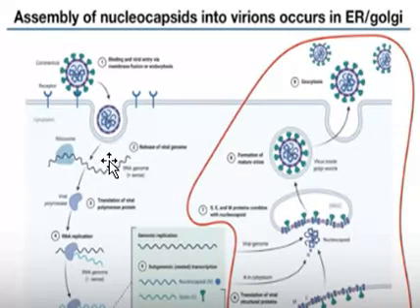When the mRNA is here, there's a thing called the ribosome, the blue color, the circular one, and that's the one which is reading this virus genome mRNA and starting to produce proteins.